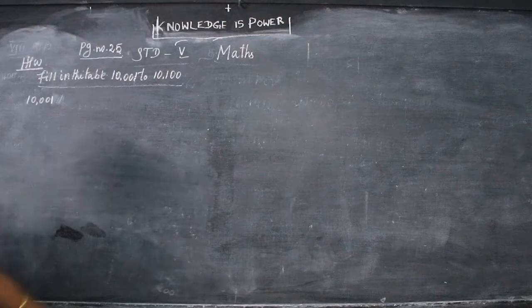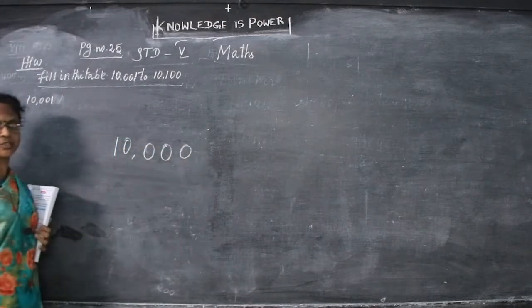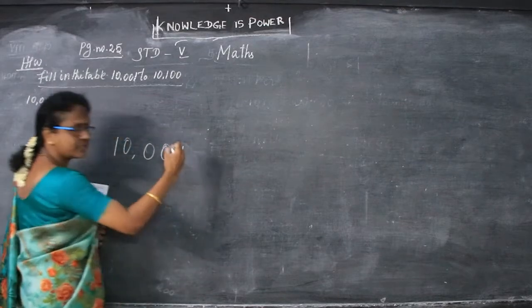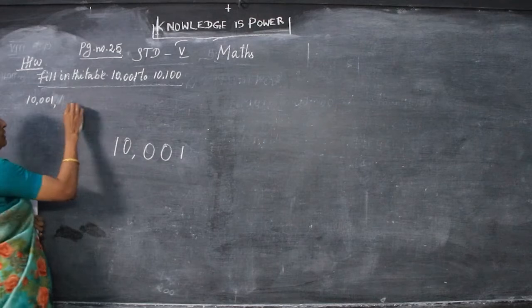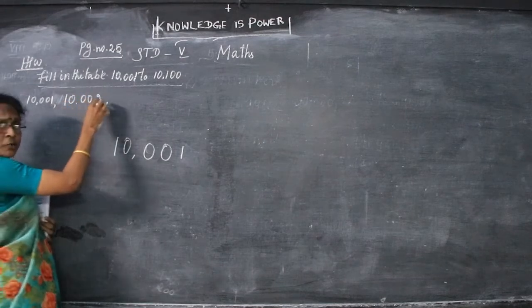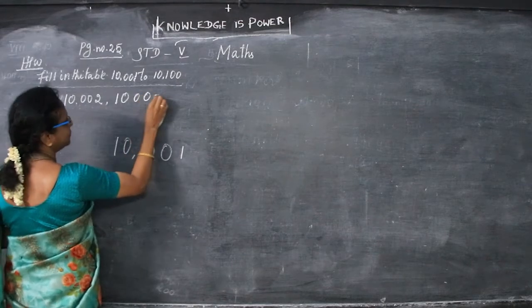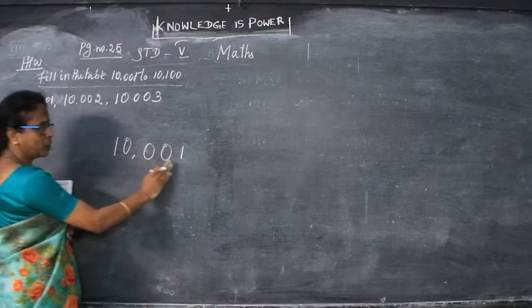When we write 10,000, this is how we write it. Now when writing 10,001, remove one zero and this is 10,001. Like that you can write 10,002, 10,003. 3 zeros should come and then one last number should come. Okay? 10,000 has 3 zeros.